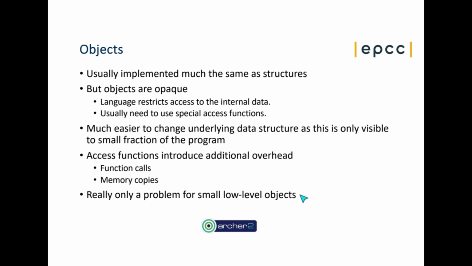So this is a problem only if you have small objects which don't contain very much, and where the getter and setter methods just pick out a scalar or something like that, but it can be a serious problem, and you might have to work quite hard in some cases to make sure that your accessor functions are all inlined by the compiler. If they're not, then you can really suffer.